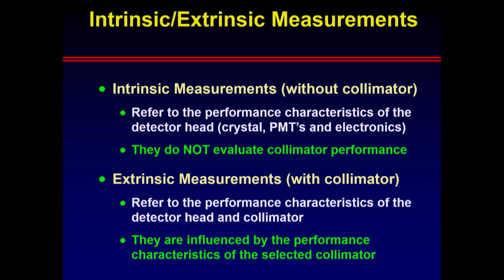And the extrinsic measurements basically look at the resolution of the entire system in total. And one would hope that, with the collimator on, you would get even better resolution because you've already prevented a lot of those non-uniform photons getting through to the camera face to begin with, which would cause blotchiness in terms of the flood.